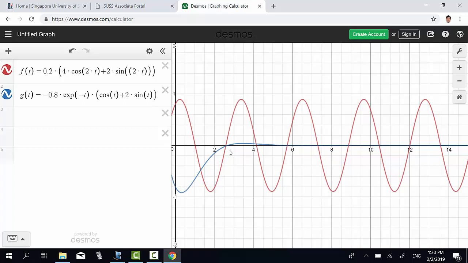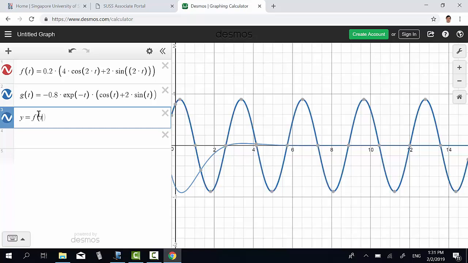This is the transient state solution as mentioned in the video earlier, and the graph is a blue graph like this. Notice that while the steady state will oscillate forever, the transient state is almost zero after 7 seconds. So what is the final solution? The final solution, let's call this y here, is a sum of these two solutions, the steady state and transient state solutions. So y equals f(t) plus g(t).